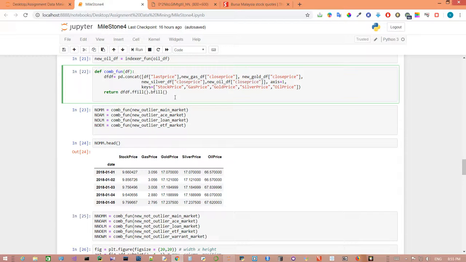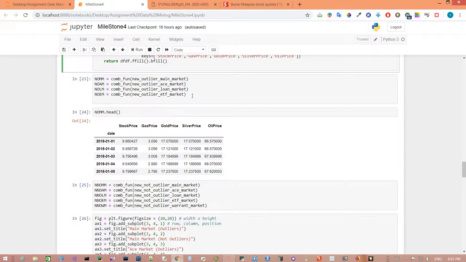And if there is some possible missing value here, it would be taken care of here. And here I am creating our combined data for outlier and as well for not outlier.